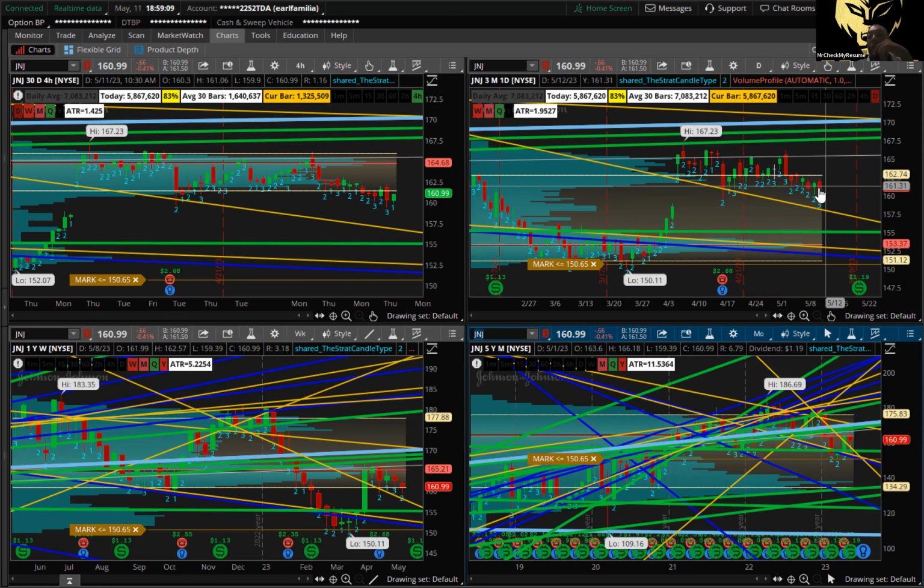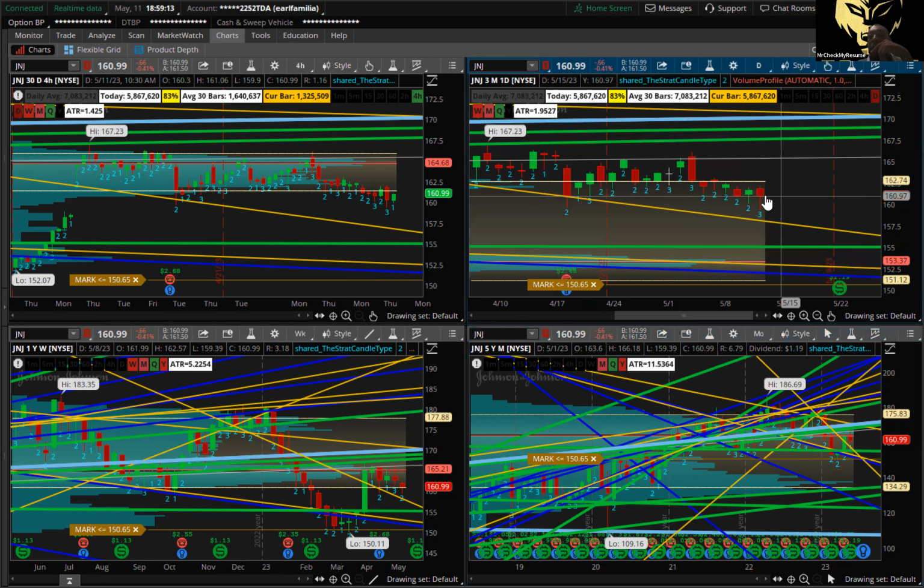We could have a potential... We had the outside day today. Price did reverse back pretty strongly, looks like, after the lows. We could have a scenario where we go 2 up tomorrow, or we have an inside day or something like that. But the way price closed today, we could have a potential 2 up tomorrow.